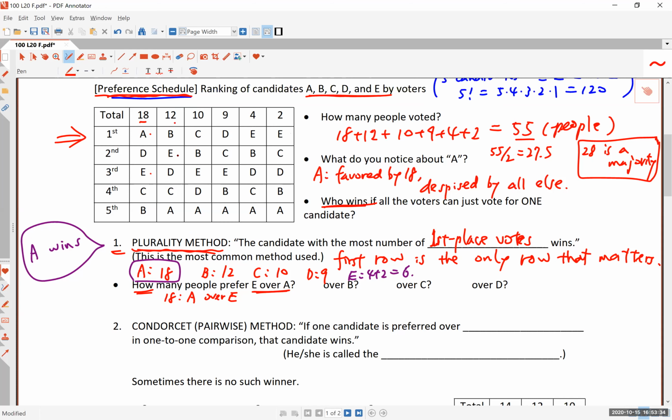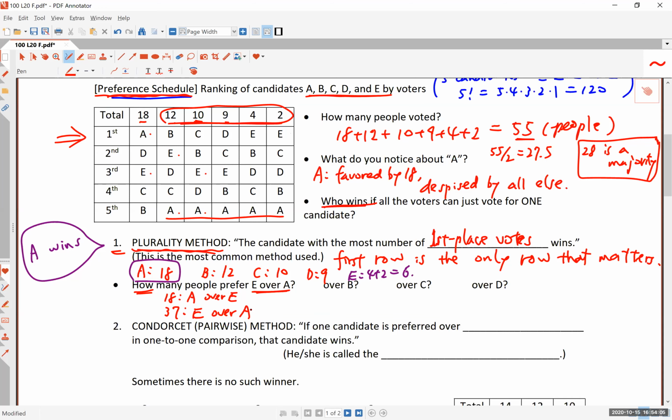Well, these 12 people think E over A. These 10 people think E is better than A. And because A is at the bottom of every other column except the first one, all of these people would prefer E to A. And how many people is that? It's 37. That's the sum of all of these numbers. Or you can do 55 minus 18. That's 37 people who prefer E over A.